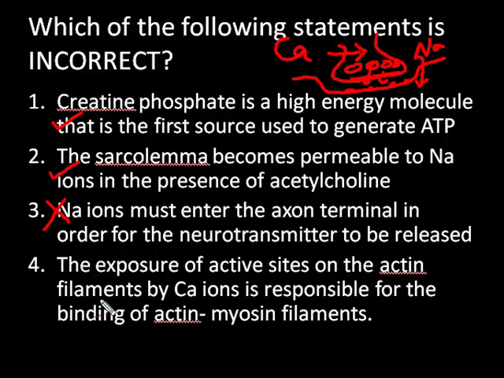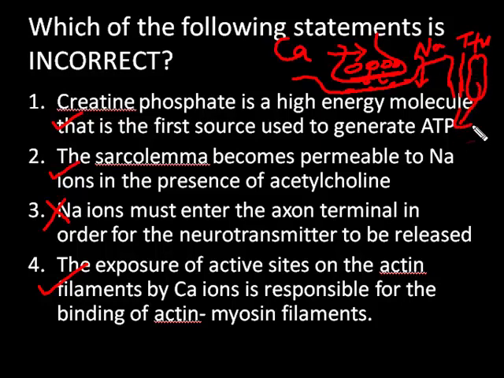And let's look at the fourth one, which is the exposure of active sites on the actin filaments by calcium ions is responsible for the binding of actin-myosin filaments. This is true because, again, once this depolarization starts, this moves along and goes to the T tubules. And these T tubules, so if this is a T tubule, these T tubules are very close to the terminal cisternae.